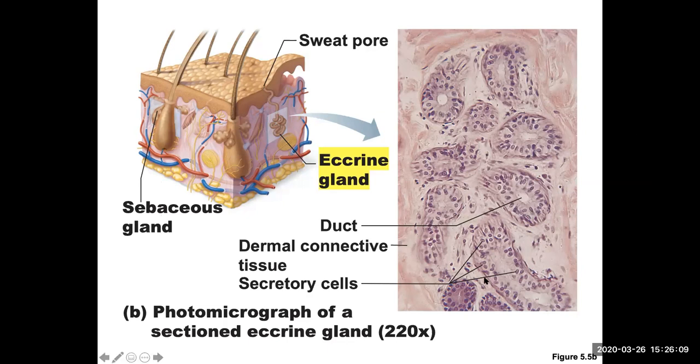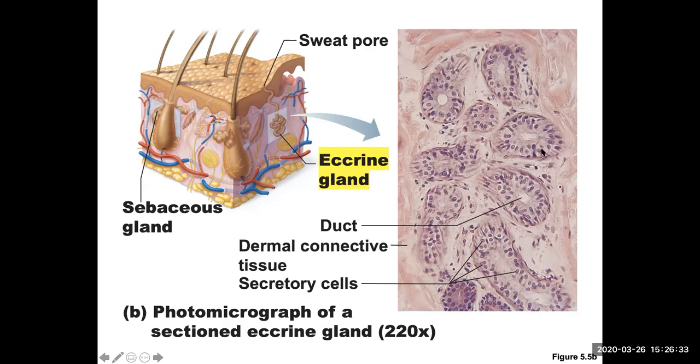This is roughly two-dimensional. And of course, you end up cutting through sections of this coiled tube, which is what an eccrine gland is in essence. So you end up having some transverse, some longitudinal-ish cross sections of different parts of this coiled tube.